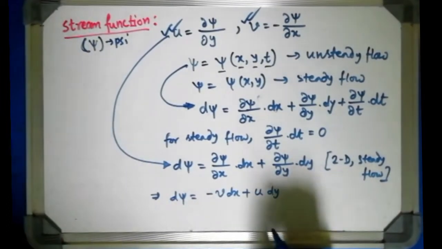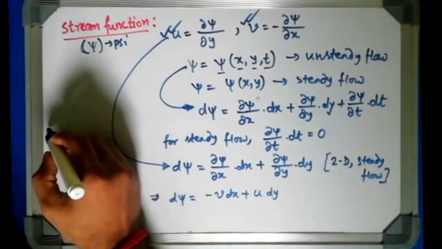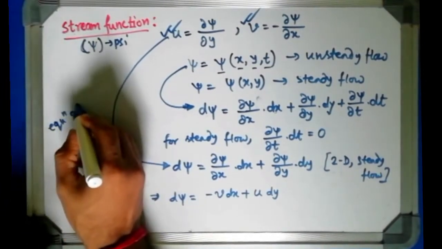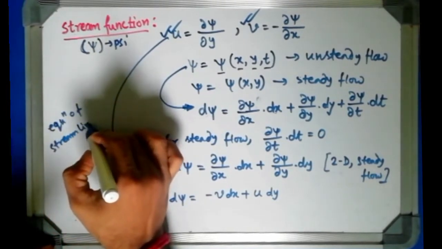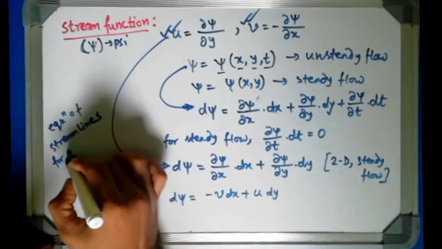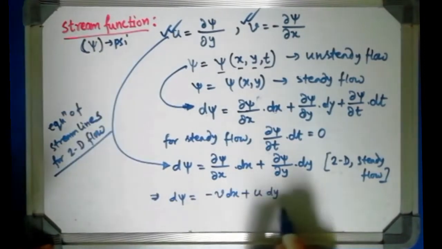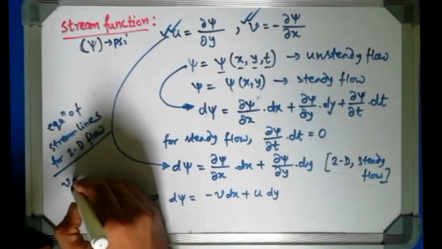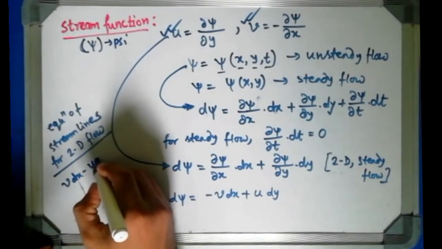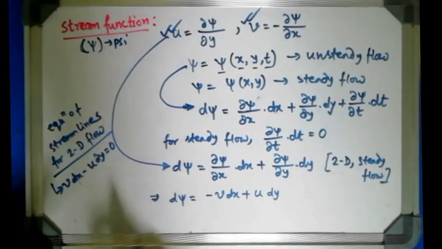Now just before this topic, while we were discussing streamlines, we expressed the equation of streamlines for 2D flow, and at that time I wrote this same equation. You can check it over there: v dx minus u dy equals 0. That is the equation of streamline for a 2D flow.